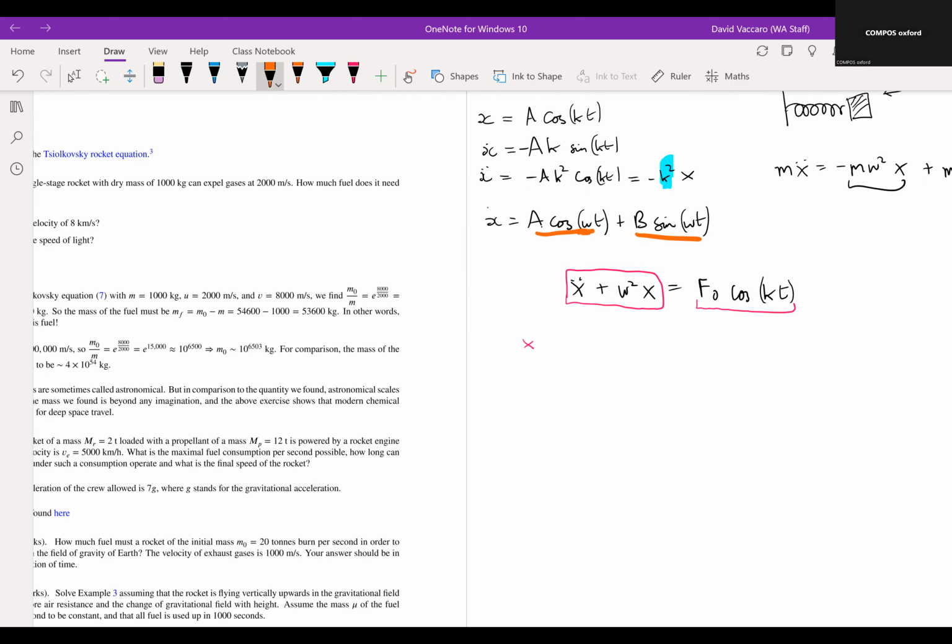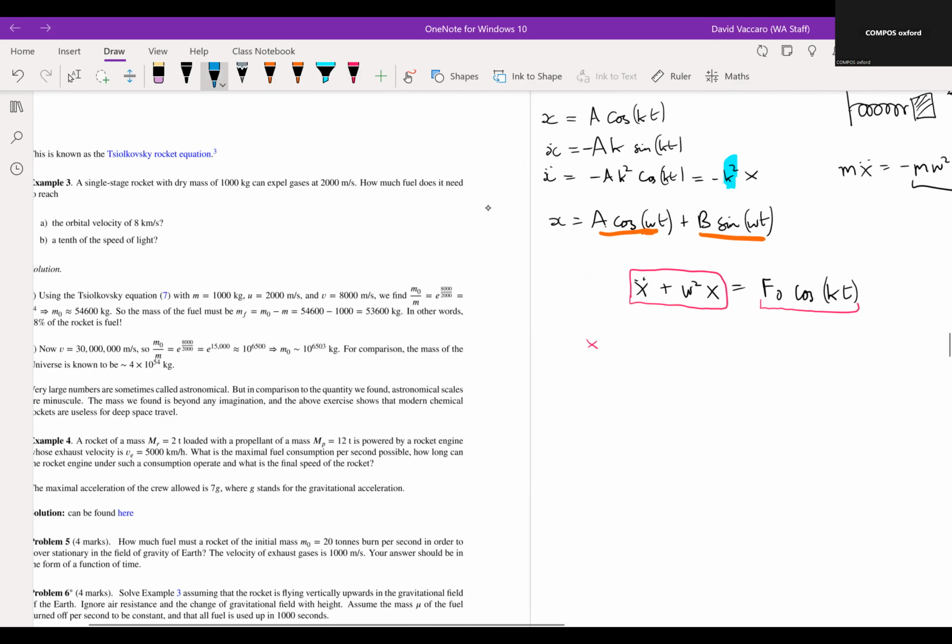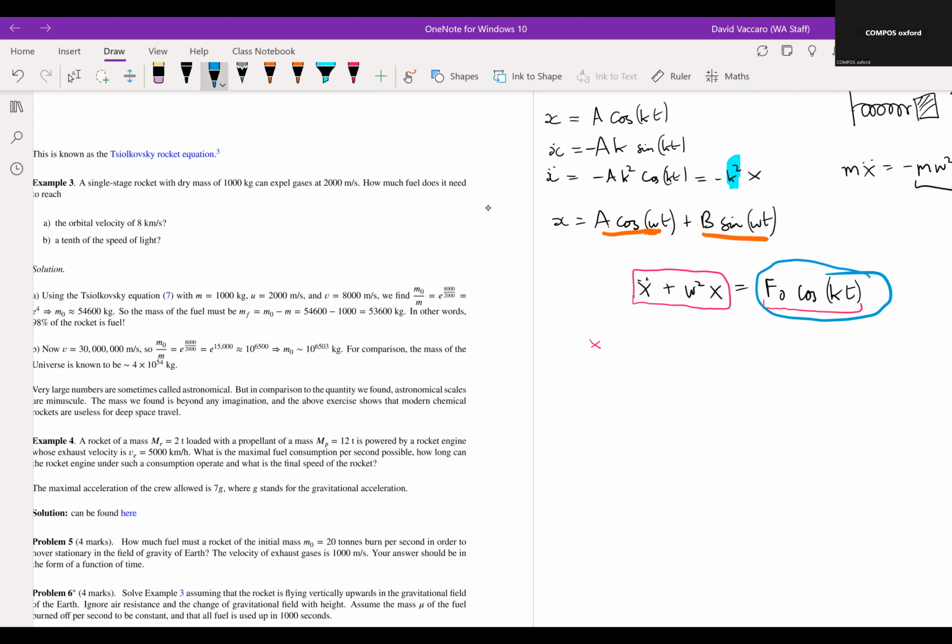So can anybody suggest what type of function would end up giving me something on the right-hand side?